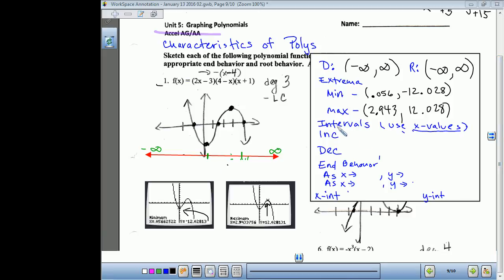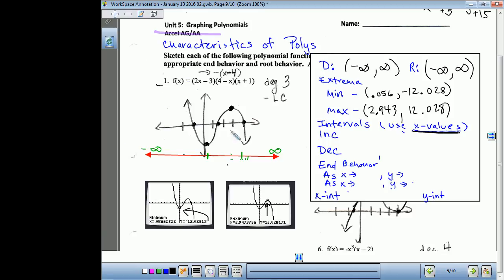Now, with our intervals of increase and decrease, we're talking about where the function is increasing, which means where the y values are increasing, or where the function is decreasing, where the y values are decreasing. Now remember, for these intervals, we actually use the x values.